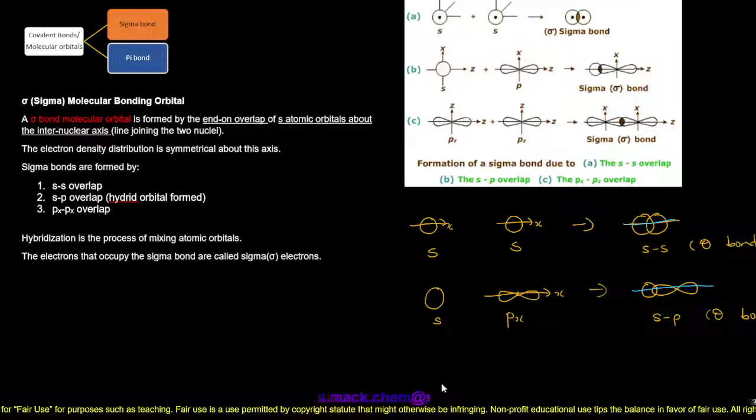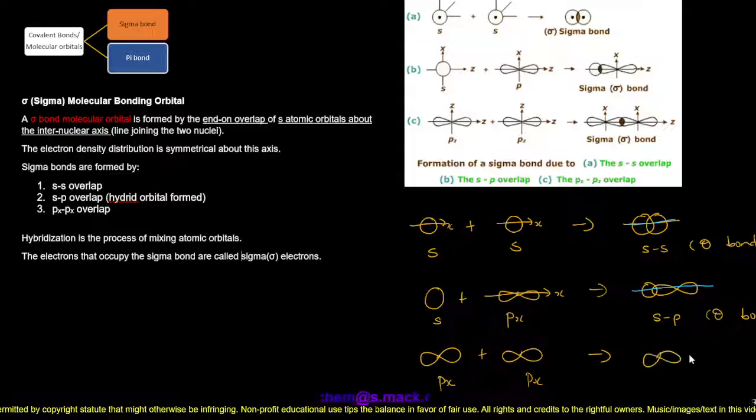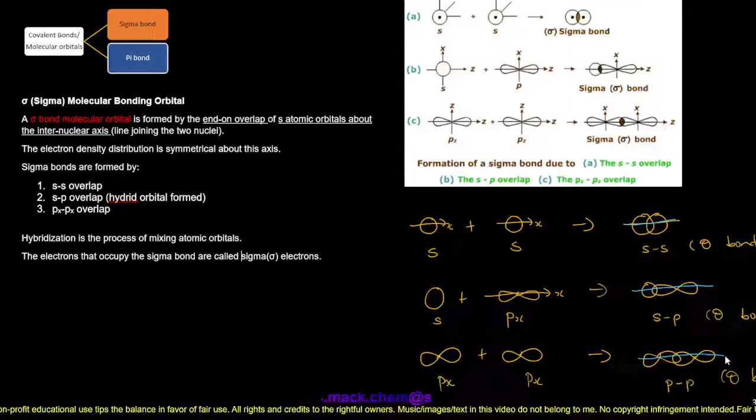And last but not least, we can also have two p orbitals overlapping. Now the p orbitals must overlap, as stated before, along this internuclear axis. Once they overlap along this internuclear axis, meaning that it creates what we call maximum overlap, the molecular orbital which is formed is called a sigma bond.